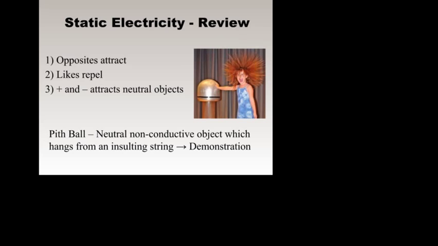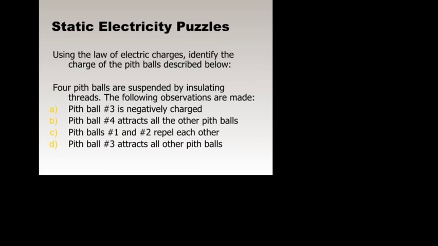So here's your puzzle for a few points extra credit. Using the laws of electrical charges, opposites attract, likes repel, both positives and negatives attract neutral objects. Let's talk about 4 pith balls suspended on threads.